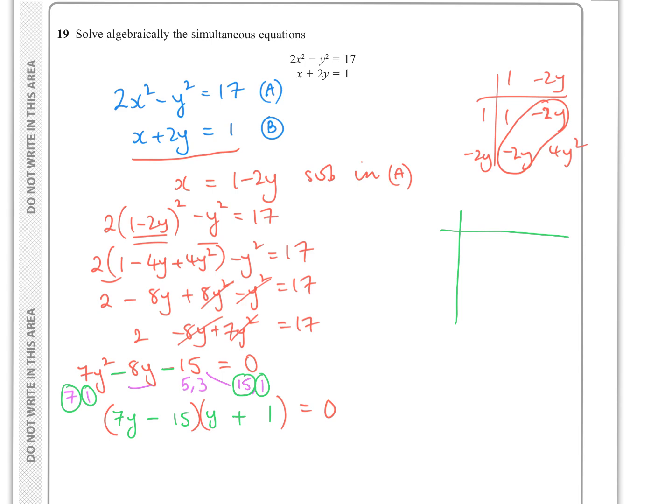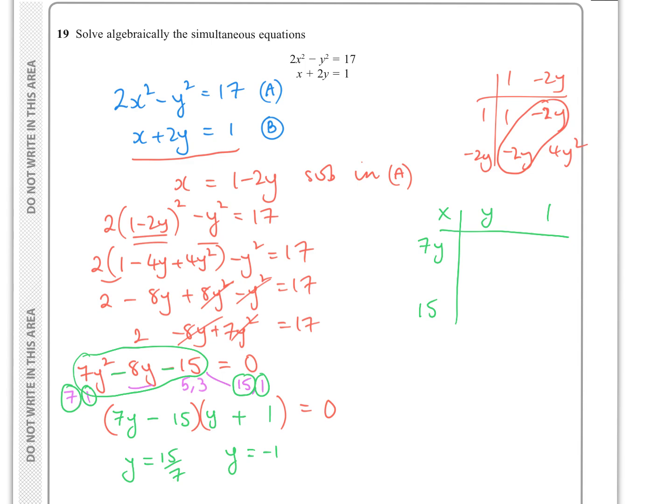So if you had a grid and you had y with 1 and 7y with 15, you can put in the signs to make it work to give this answer here. So y is 15/7, or y is -1.